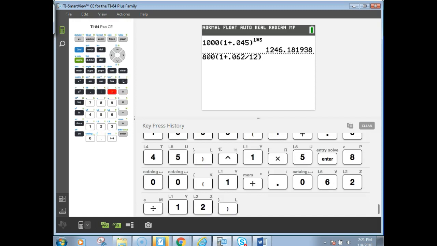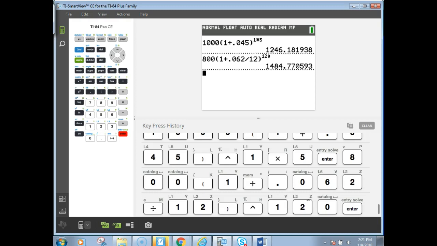Close your parentheses and then arrow up. And if I were you, I would probably multiply that out. On most systems, it's easier to just say 10 times 12 and do 120. You can type it in, though, as 10 times 12. Just make sure that your exponent stays an exponent the whole time. And our answer should be $1,484.77.